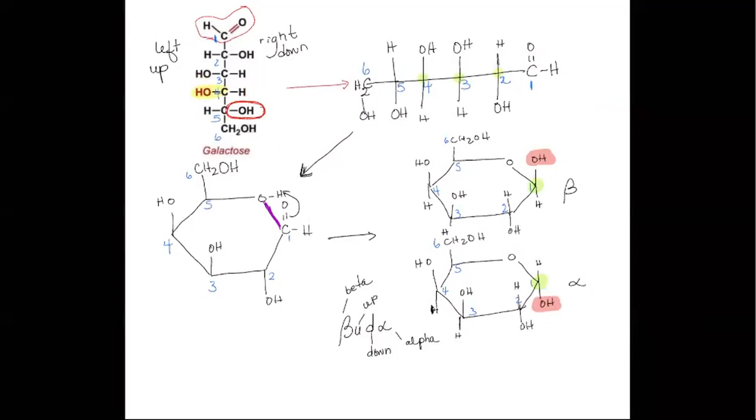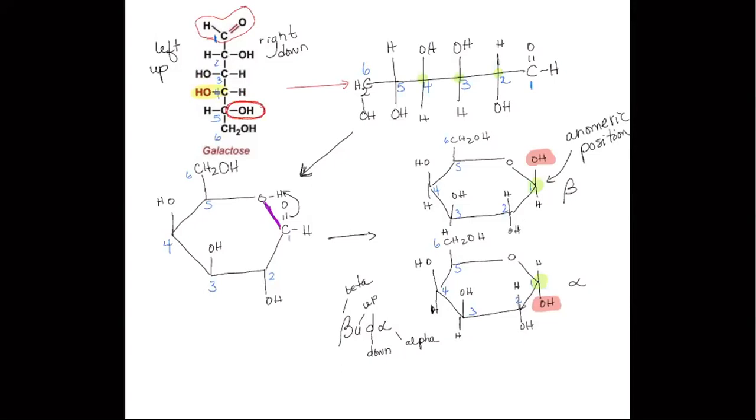That position that I highlighted in green has a special name. This is called an anomeric position. And it is special because most of the time, whenever there is chemistry happening in a carbohydrate, it's going to happen at the anomeric position.